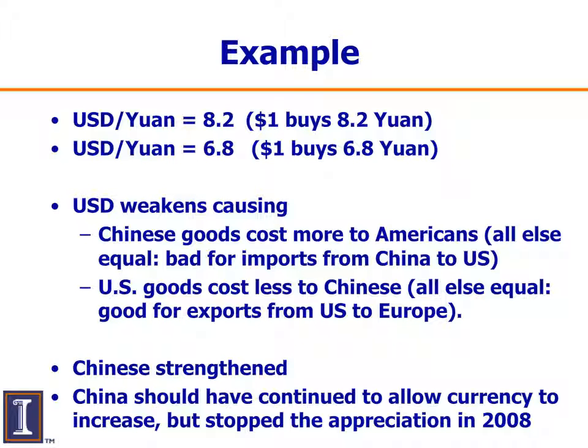So the controversy isn't that the Chinese caused their U.S. dollar exchange rate to weaken, but that they didn't continue to do so, and they stopped that appreciation to some extent in 2008 during the financial crisis that occurred during that year.